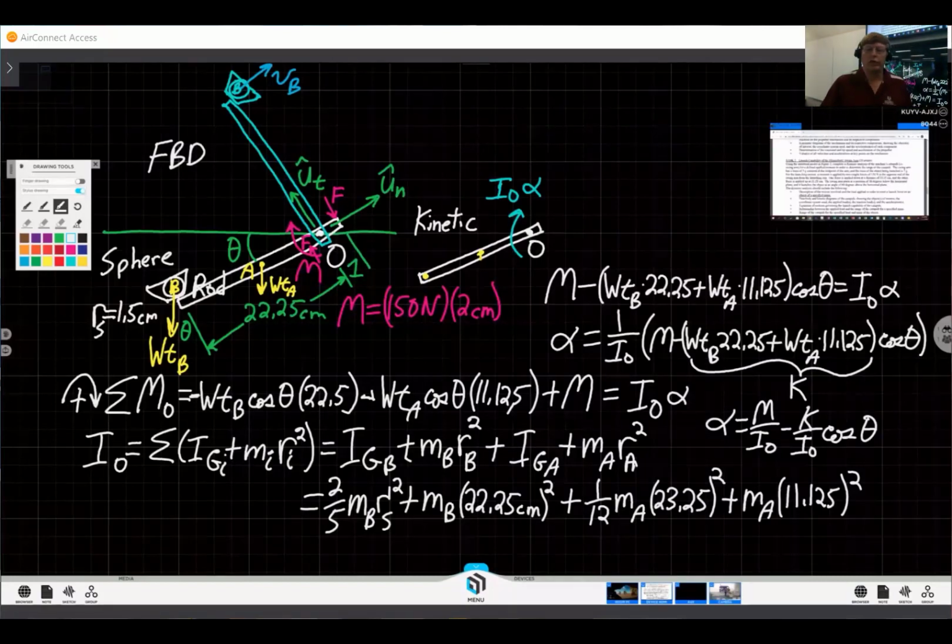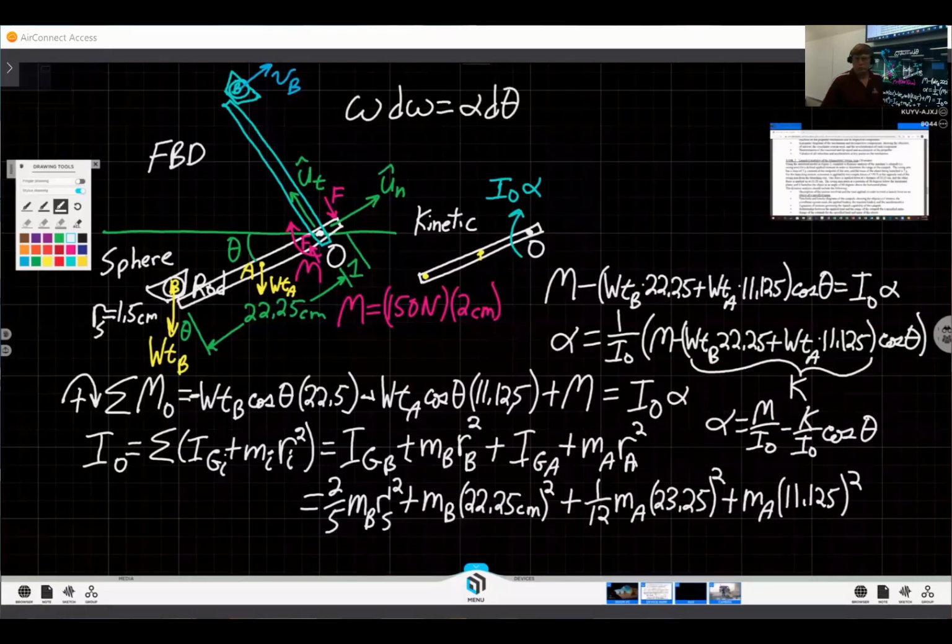So what is the relationship between your angular acceleration, displacement, and your angular velocity? How do we figure that part out? I'm going to move up here. My relationship between angular velocity, angular acceleration, and angular displacement is that omega d omega equals alpha d theta.